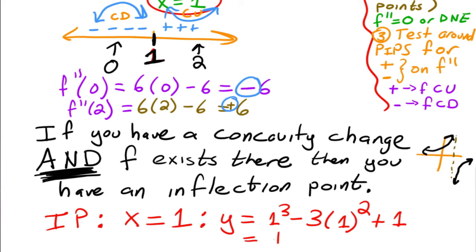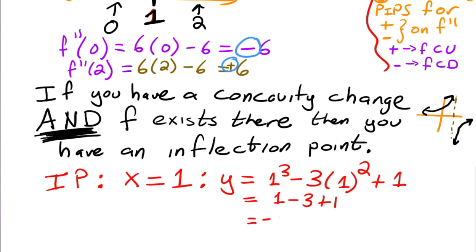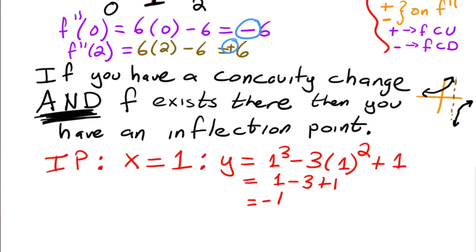So this is 1 minus 3 plus 1, which is negative 1. And so this tells me that I have an inflection point at x equals 1, negative 1. And that's it.